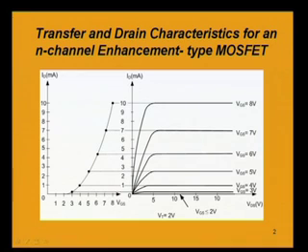In the voltage axis, that is VGS or gate to source voltage, we mark 1, 2, 3 and so on up to 8 volt.